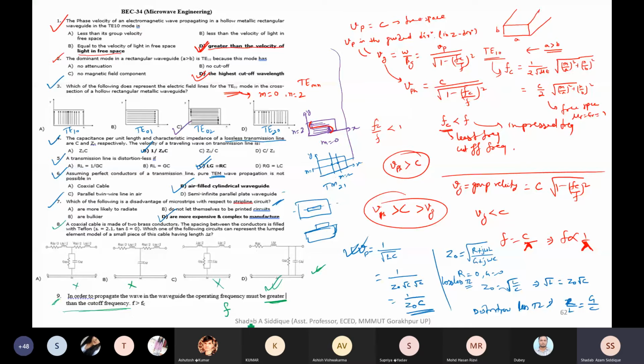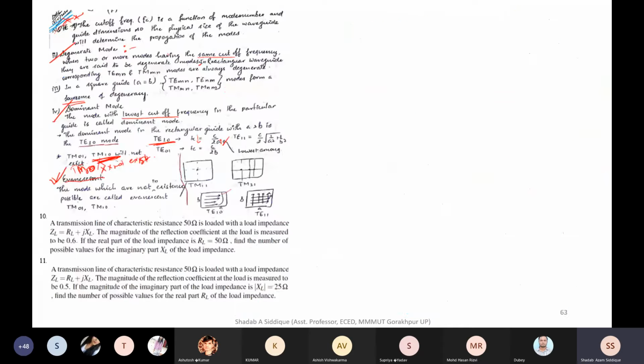So we know f should be greater than fc. This is what we have gone through. The cutoff frequency should be less than the impressed frequency, or you can say the impressed frequency or operating frequency is greater than the cutoff frequency.